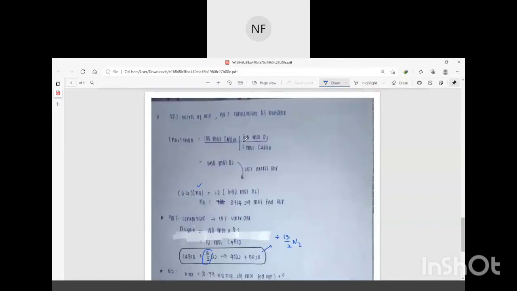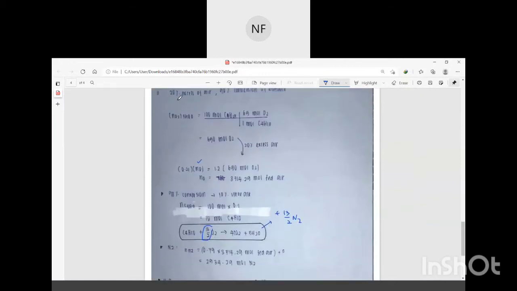The question also mentions that there is 20% excess of A involved. So 100% plus 20% divided by 100, and we get 1.2 excess of A. When we calculate everything, we get 3,714.29 moles of A involved in the reaction.